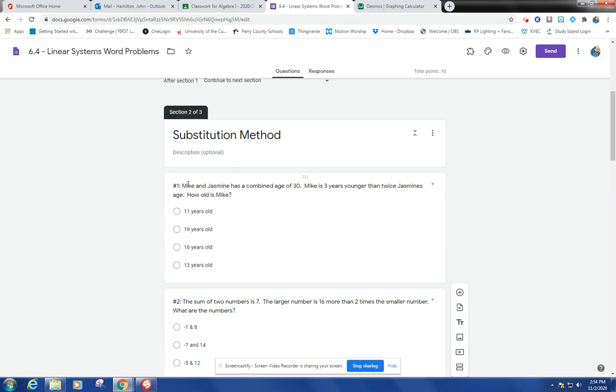And so Mike and Jasmine would be 2 separate variables, but notice what it says. Mike and Jasmine have a combined age of 30. So we know that if I combine their ages, now what does combining ages mean? That means to add, right? So it's telling me if I add their 2 ages together, I don't know what they are, but if I add them together, it has to equal 30.